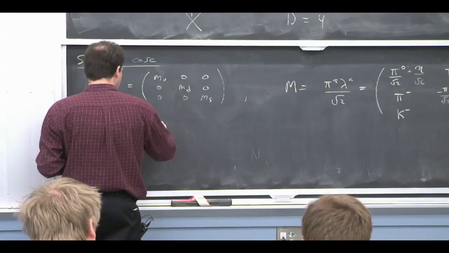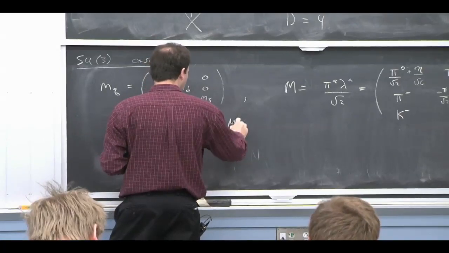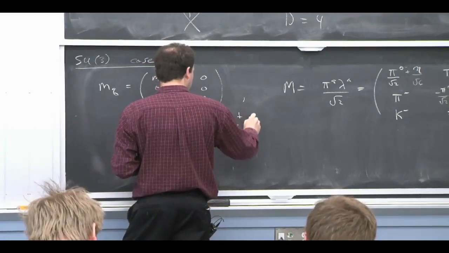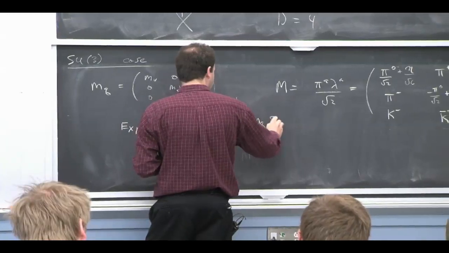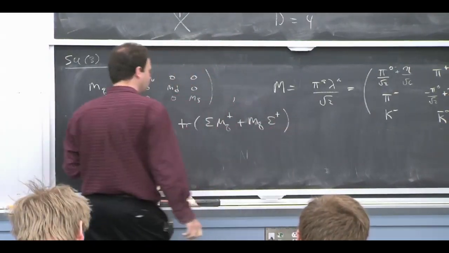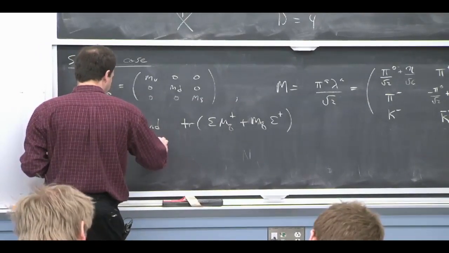If you expand, in this case, the trace of sigma mq dagger plus mq sigma dagger, which is that term that had a V0, then that gives you mass to the mesons, as it did for the pions.